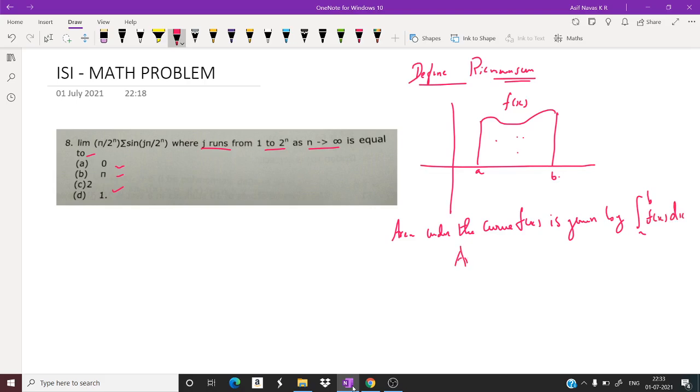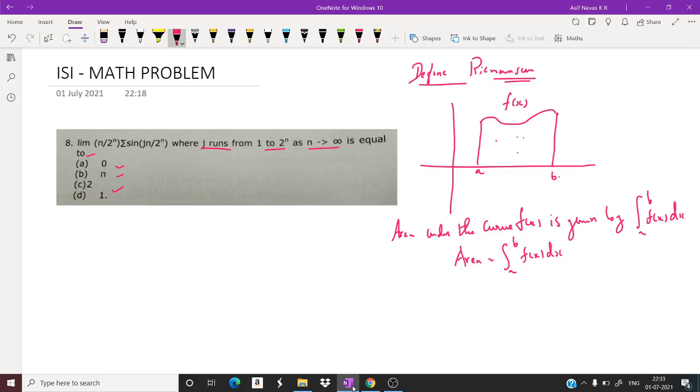So area is equal to integral a to b f of x dx. Now, in order to find the area, we have something.